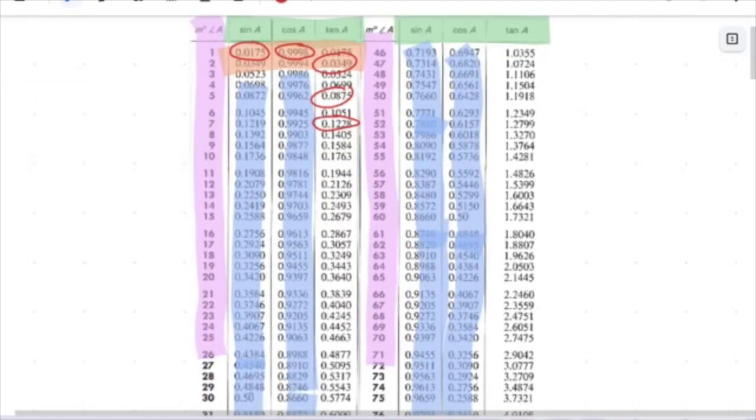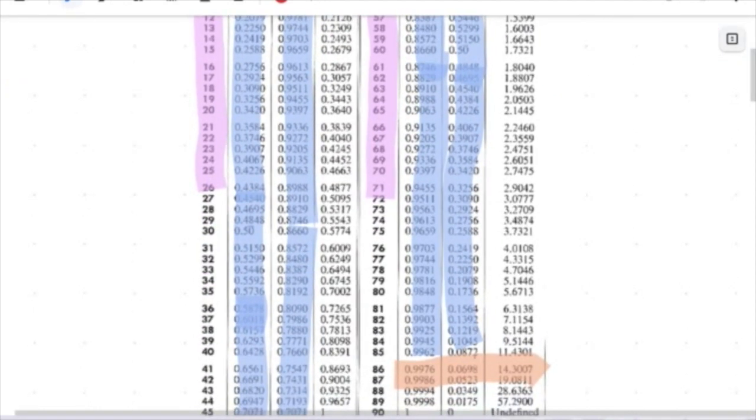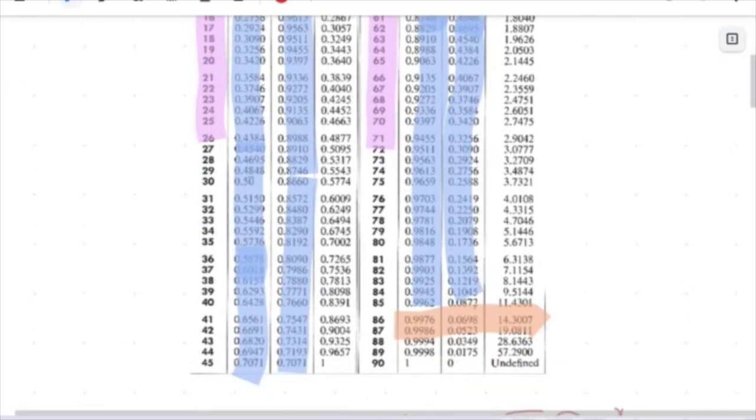So let's take another example where we look at a bigger angle here. For example, 86 or 87. So in order to draw a triangle with a big angle, I have something really close to 90 degrees. And let's look at how, if I have this as my angle, my other two sides have to compensate.